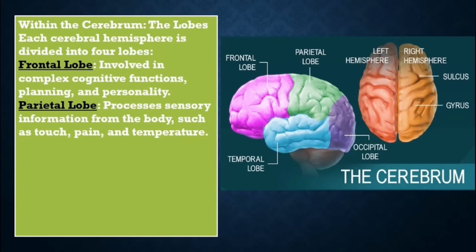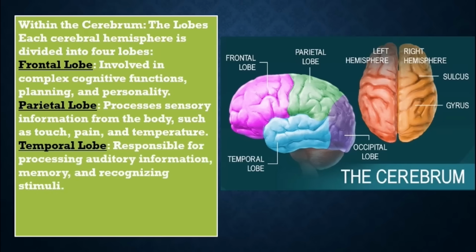Whereas the parietal lobe, which is a pale greenish color displayed on the screen, processes sensory information from the body such as touch, pain, and temperature.